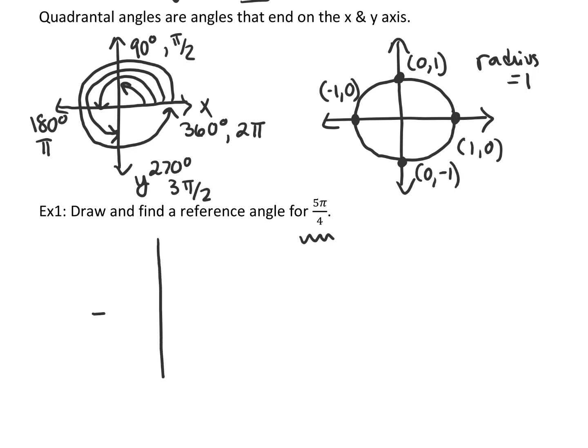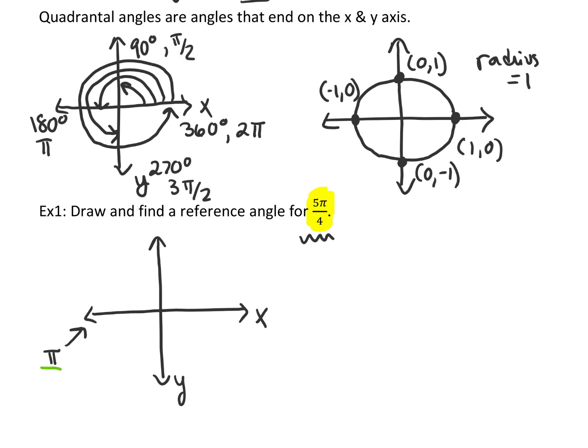So the first thing I'm going to do is draw my XY plane. And we just talked about how this angle here is pi. Now I'm working with radians because the question was given in radians.